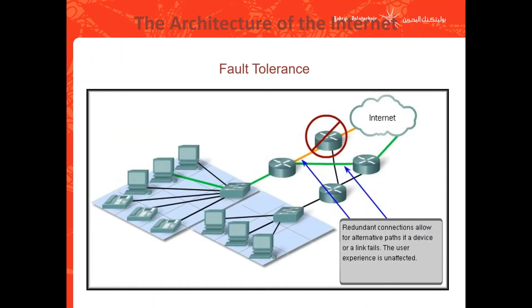So the first one is fault tolerance. A simple example that I'll give you for this is, let's say you go to a big corporate building. You will see that all of them usually have multiple elevators. The tall buildings with, let's say, 20 floors or more, they usually have more than one elevator going from floor to floor.